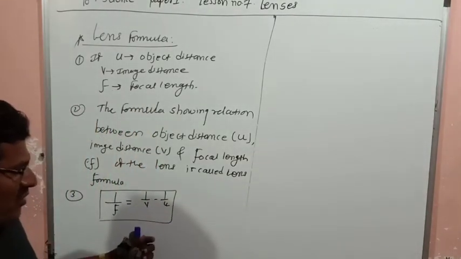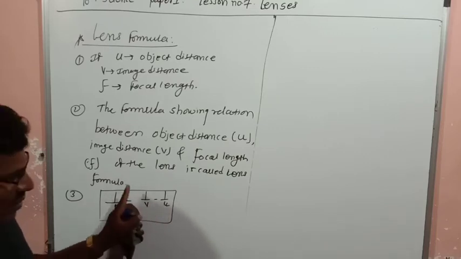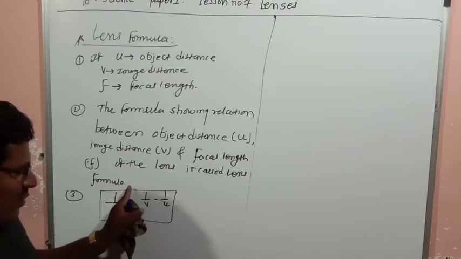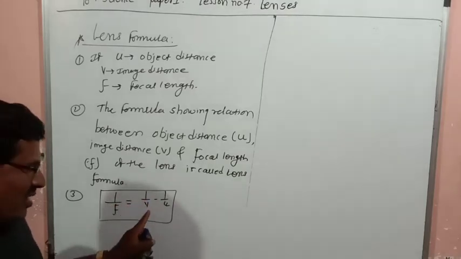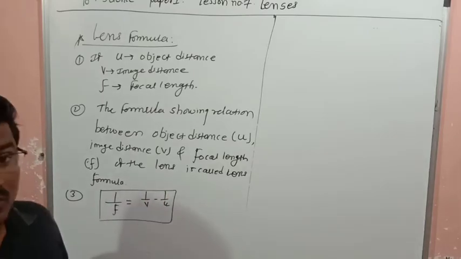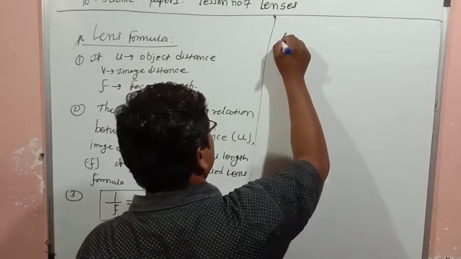For mirror also the same kind of formula is there, the mirror formula, just with a plus sign. But for lens formula, 1 upon focal length is equal to 1 upon image distance minus 1 upon object distance.